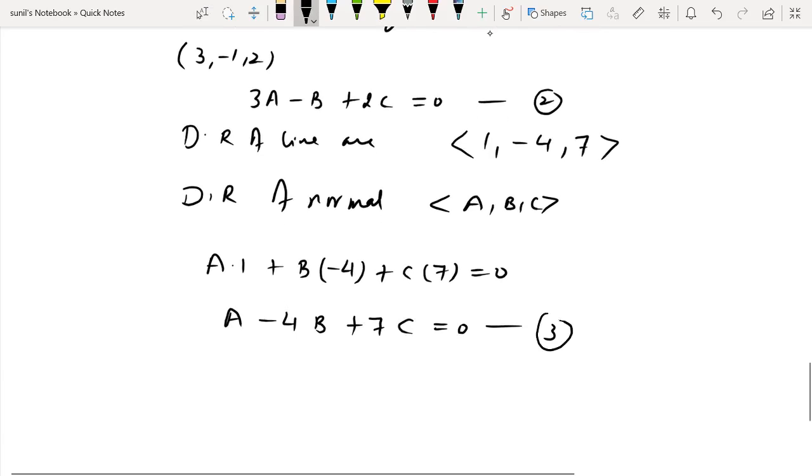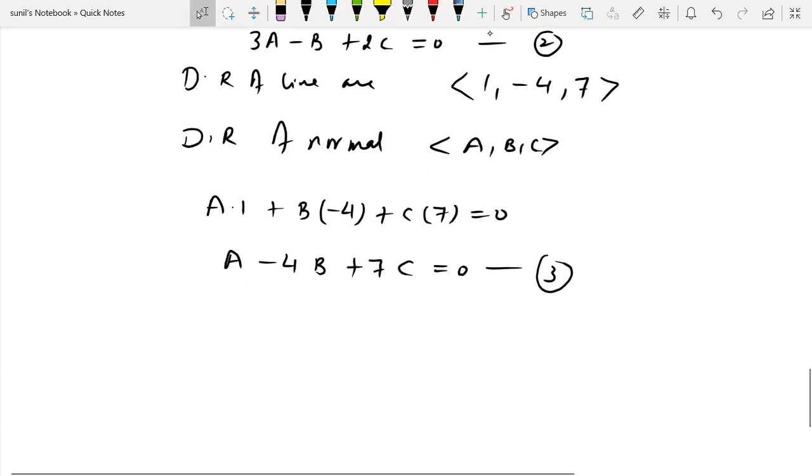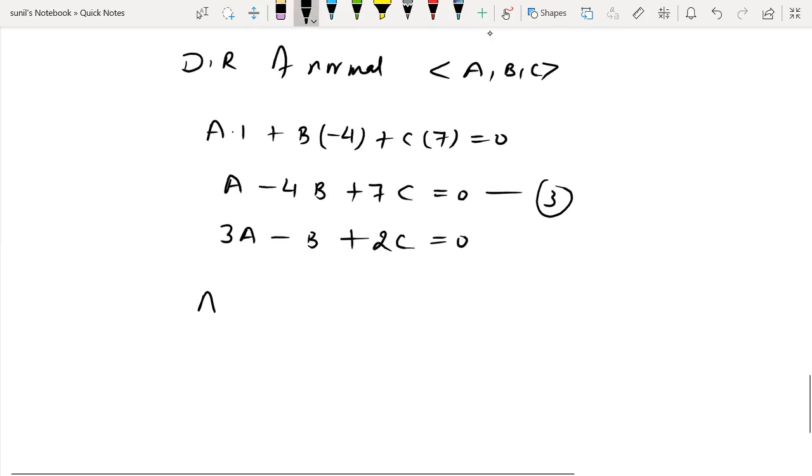Now we will solve equations 2 and 3 by cross multiplication. The method is like this. Now I am writing the equation just beneath this. Now we are going to simplify it. We also call this method the hide and seek method.